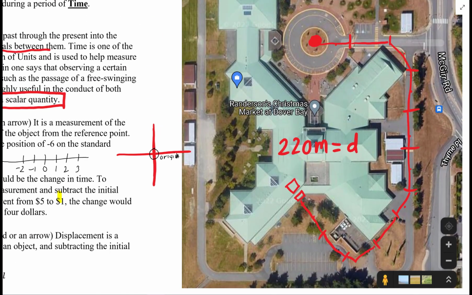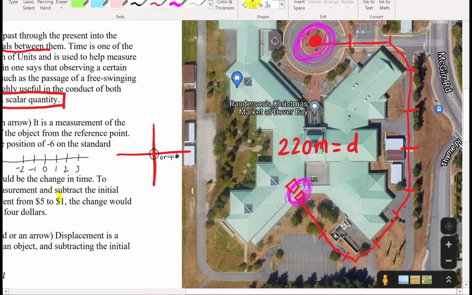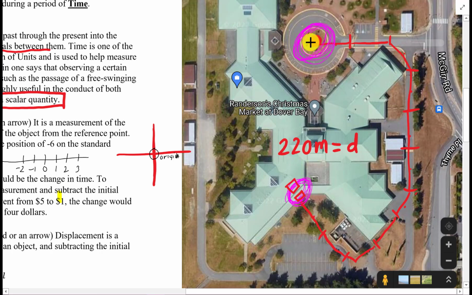Where did we start? Okay, let's just check out what highlighter I can use here. Can you see this? That's where we started, and this is where we ended. So if I had to draw an arrow that represented the displacement, that would be the arrow.